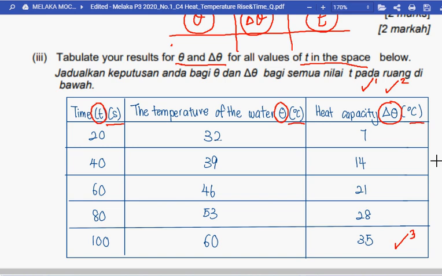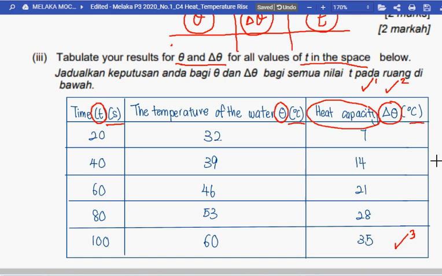Okay. Now what happened to this? If you write like this, it is quite dangerous. It depends on how strict the marking is. If they are strict, then this one might be a contradictory answer, where you have heat capacity here, but this is not heat capacity. This is the change in temperature. If the marking is strict, this might not be given tick number 1.